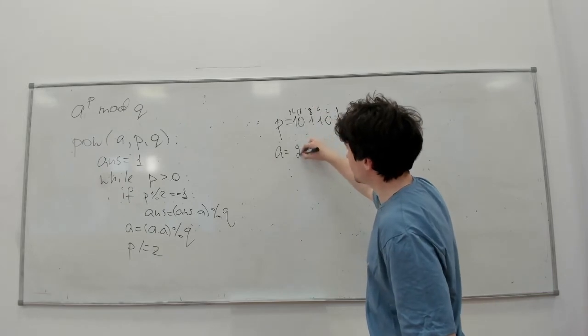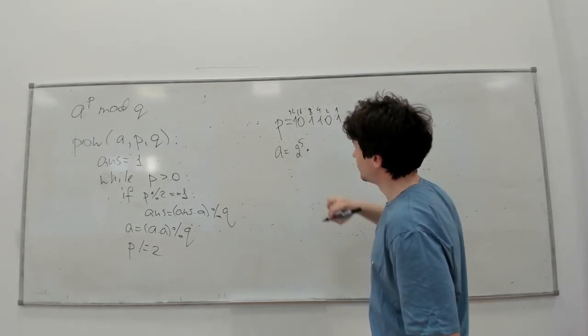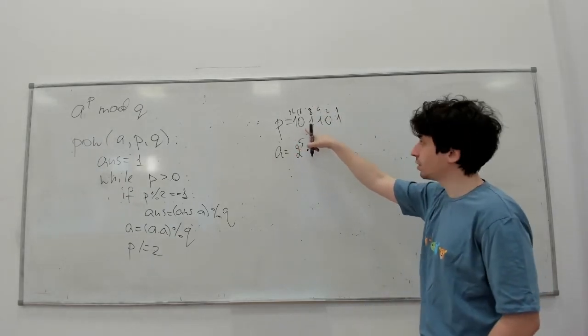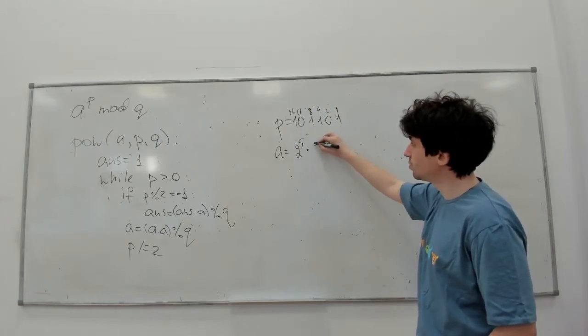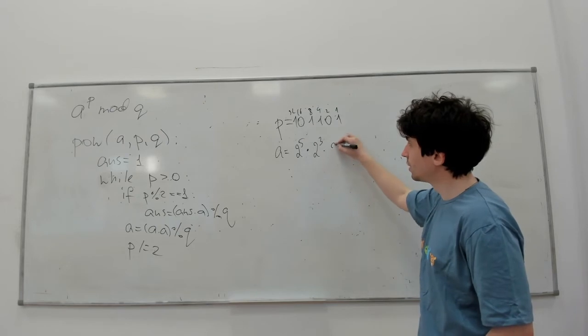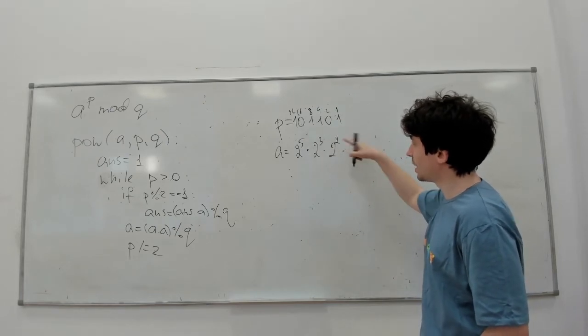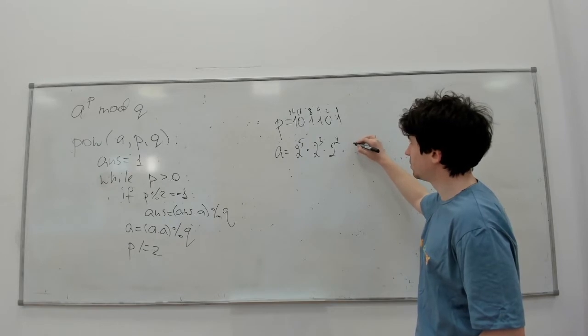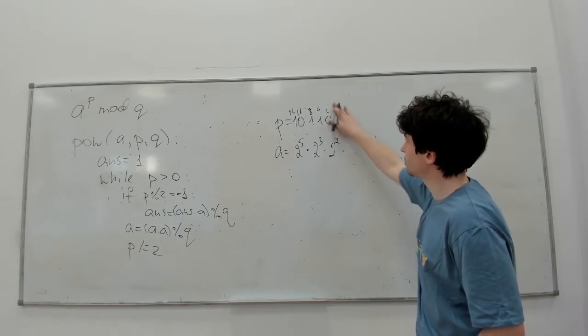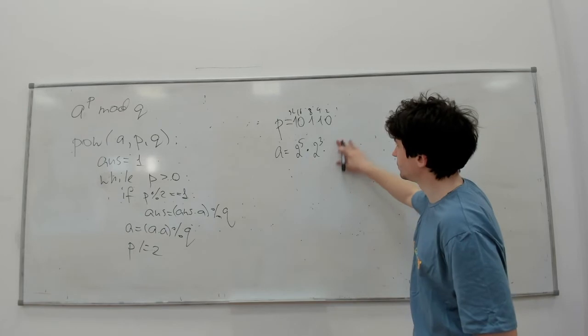So it's 2 to the power of 5. This is the first bit. Then you skip the power of 2, then you take the power of 3, then you take the power of 2, then nothing.